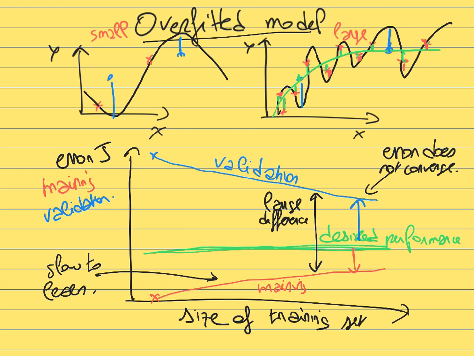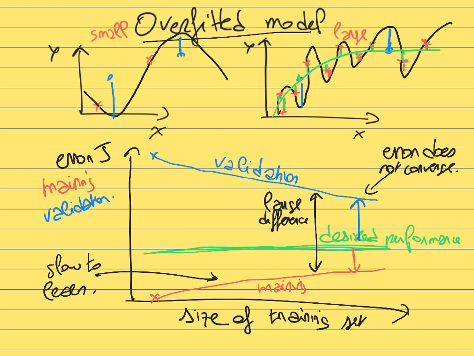So that's another signature of an overfitted model. The validation learning curve is very slowly decreasing. Those are the three signatures of an overfitted model.